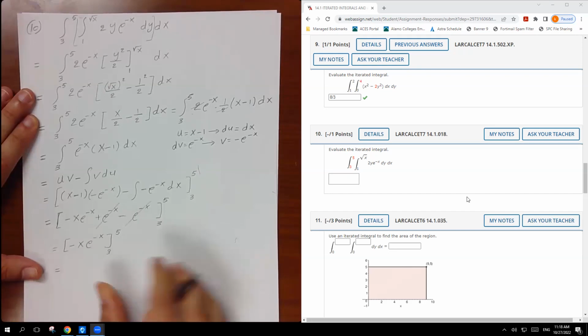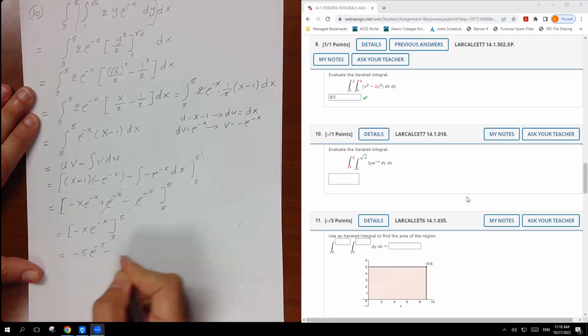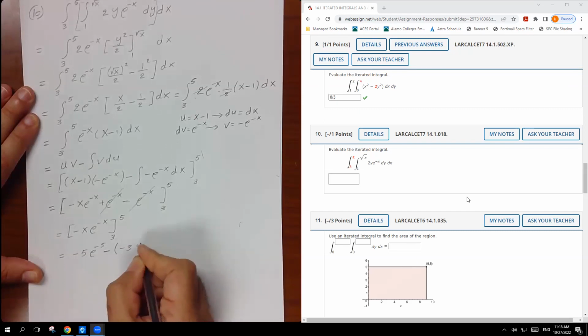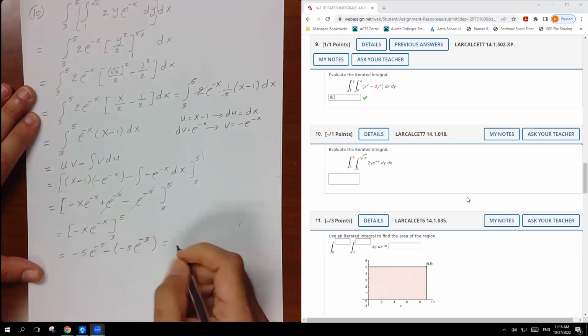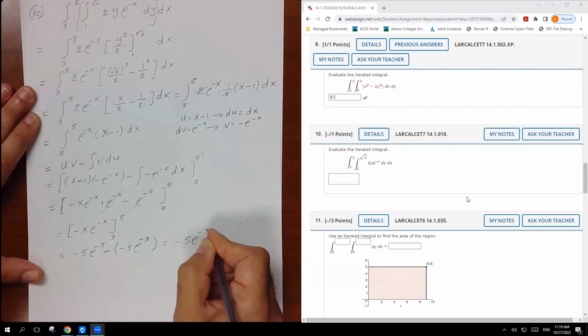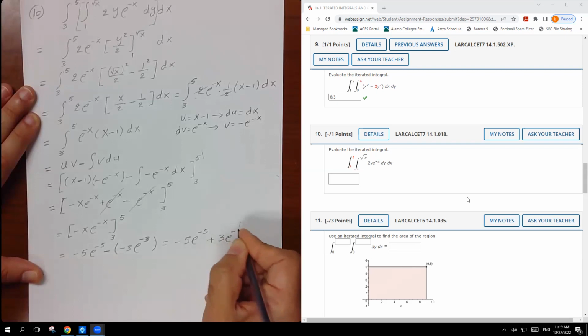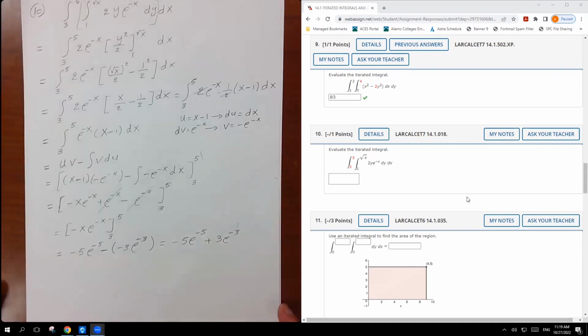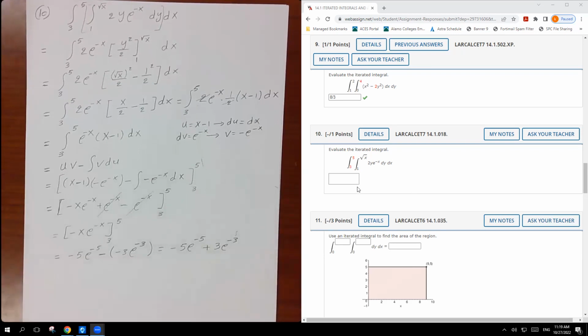And this one is going to be plugging in the 5. So it's going to be negative 5e to the negative 5 minus negative 3e to the negative 3. And this one is going to be negative 5e to the negative 5 plus 3e to the negative 3. I think that's it. We can move on, and you can simplify it.